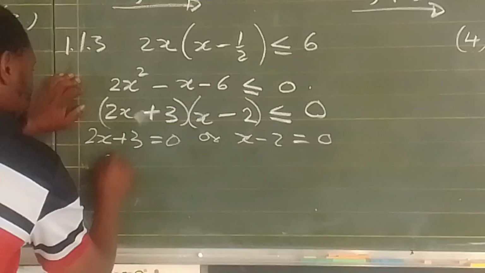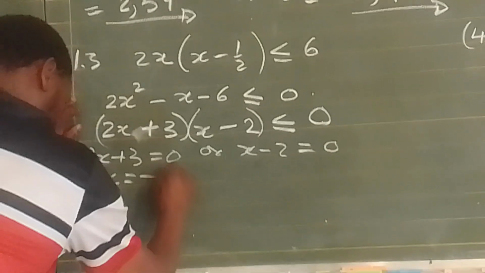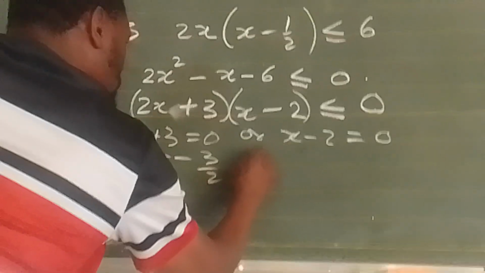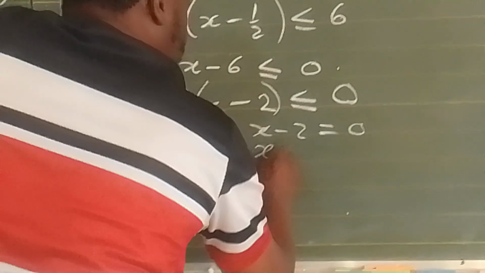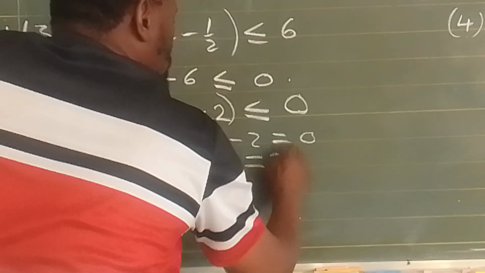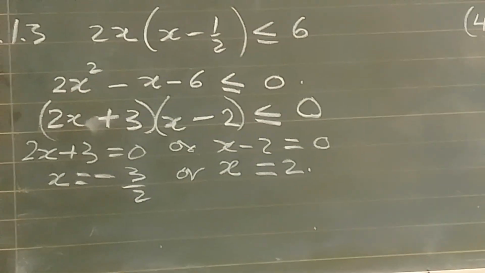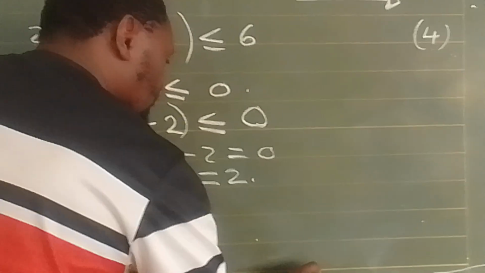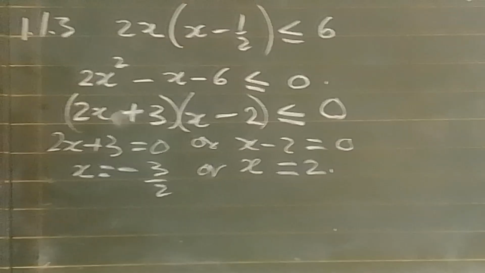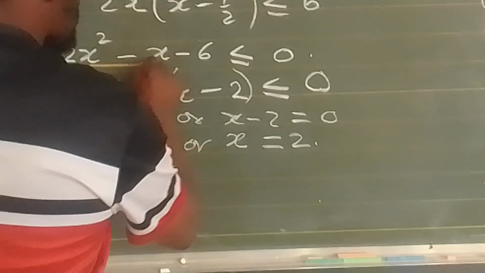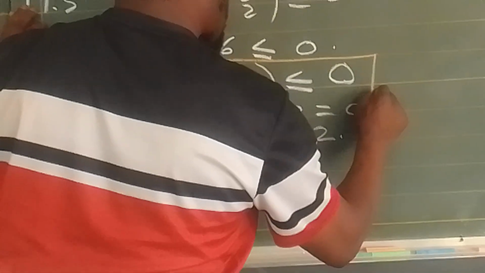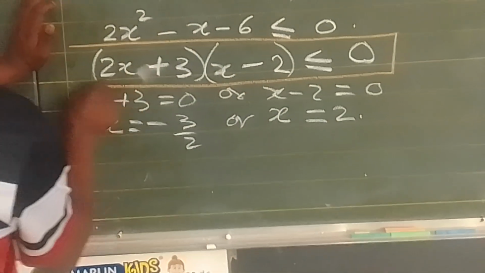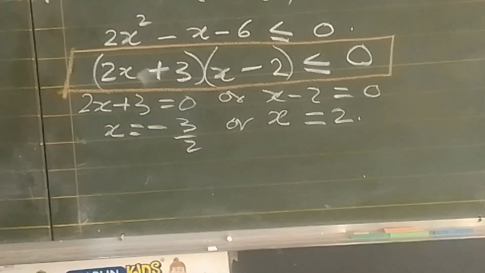That means that x is equals to minus 3 over 2, or x is equals to 2. Remember, this is our condition. Let's highlight our condition so that you won't get lost. You must not get lost of the condition here after we found our factors. This is our condition.